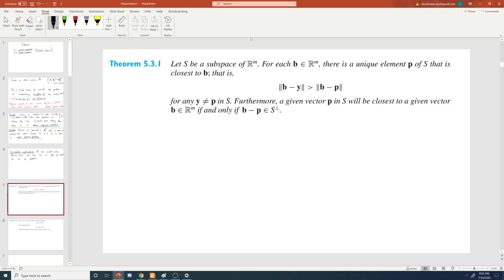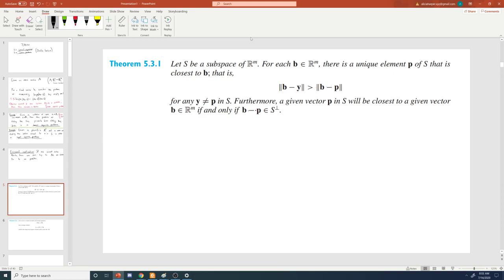That is, the length of b minus y is greater than the length of b minus p for any y not equal to p in S. Furthermore, a given vector p in S will be the closest to a given vector b in Rm if and only if b minus p is in the orthogonal complement of S.